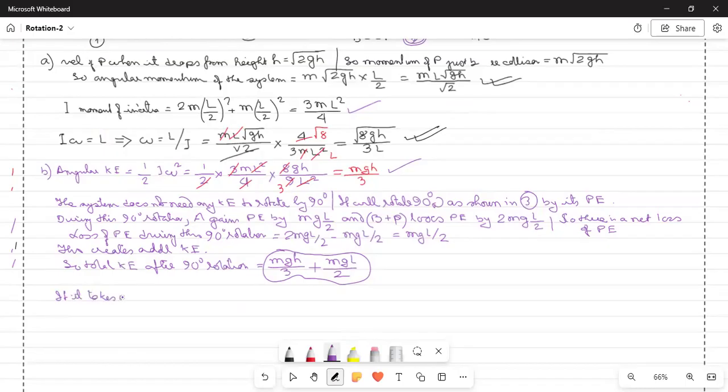Now, if it takes another 180-degree turn, then once again, one end will gain potential energy, another end will lose potential energy. What is the gain and loss?